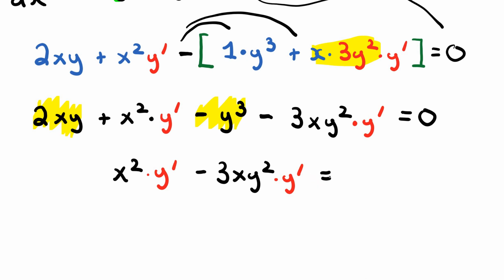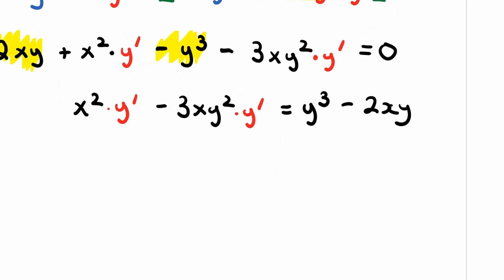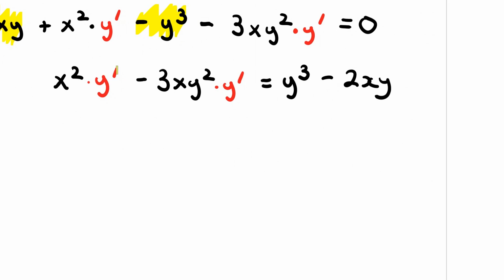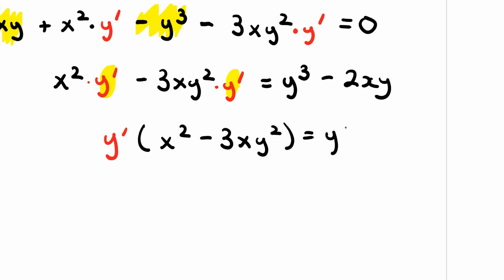If I move the negative y cubed first, I get y cubed and then minus 2xy. Okay, and then from there I can factor out the y primes, so this will be y prime times the bracket x squared minus 3xy squared, and that equals y cubed minus 2xy.